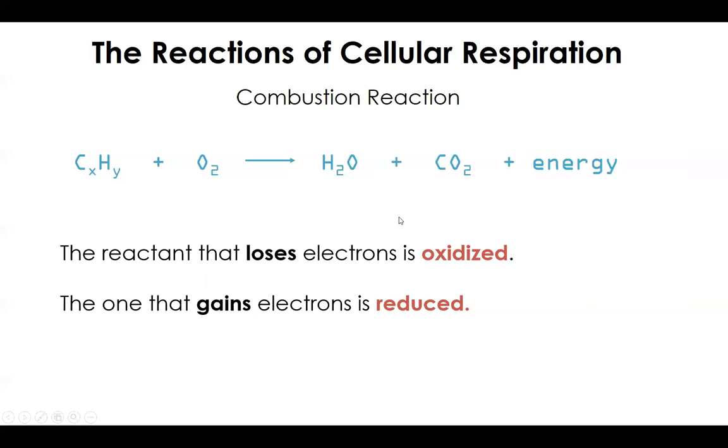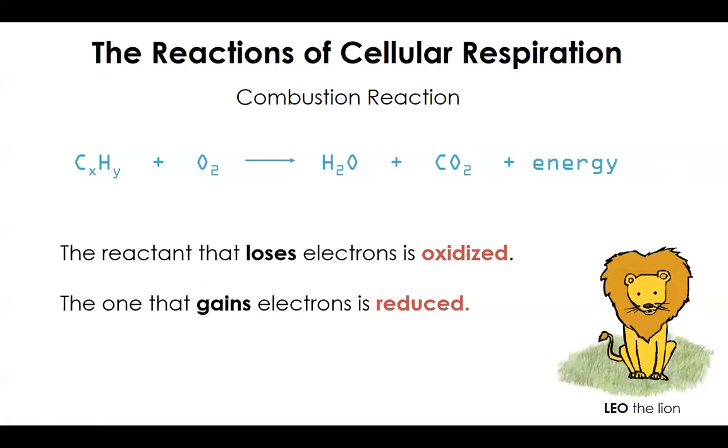You can remember that: Leo the lion says grr. Loss of electrons is oxidation. Gain of electrons is reduction. Throughout the whole theme of cellular respiration, we'll be talking about oxidation of carbon, or pulling electrons from carbon.